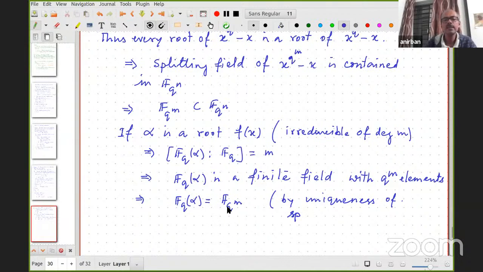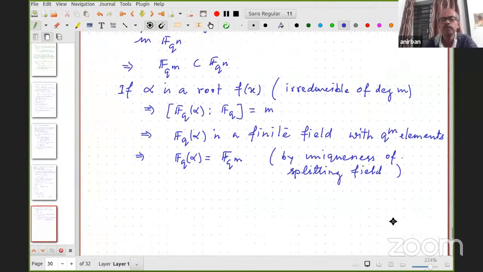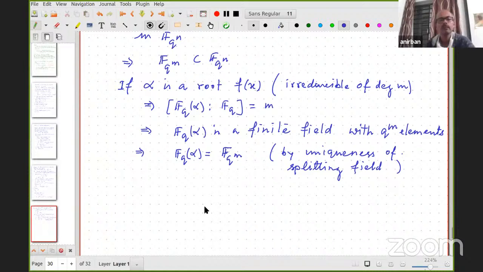These equalities are up to isomorphism, which is fine for us. So here we again use uniqueness of splitting field. Let me write it. And we have already seen that F_q^m sits inside F_q^n.